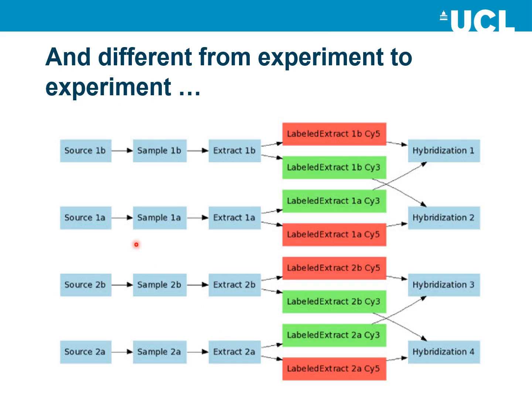Here's a different design. Both of these were extracted from ArrayExpress, which is the database for microarray experiments. In this case, we've got source 1b, sample 1b, extract 1b, and we've got source 1a, sample 1a, extract 1a. This sample is labelled with both red dye and green dye.